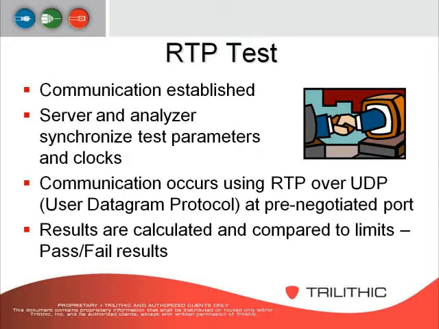It supports content identification, timing, reconstruction, and detection of lost packets. Now, UDP transports data as a connectionless protocol using packet switching. Now, the results that come from this handshake are calculated and then compared to the limits that you set up in the meter itself, and then it'll give you a pass or fail based off of those limits that were set.